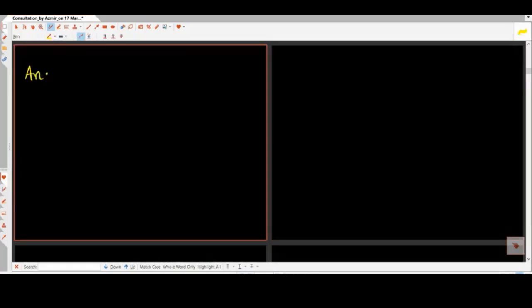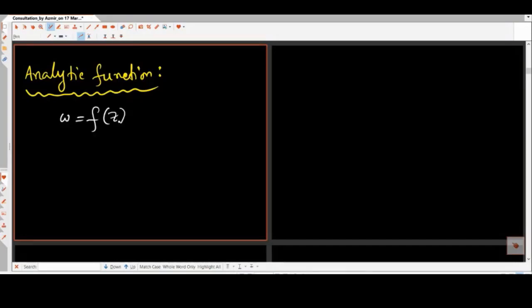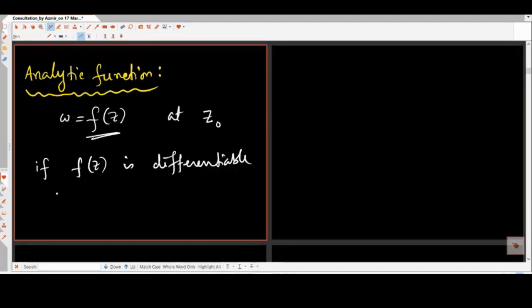So what is an analytic function? Let's say we have a complex function w equals f of z. This function is said to be analytic at any point z0 if this function f of z is differentiable at z0.